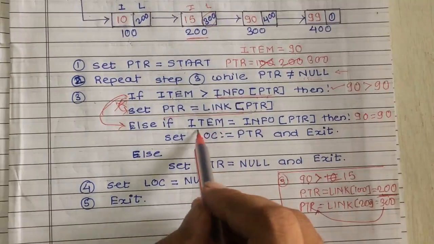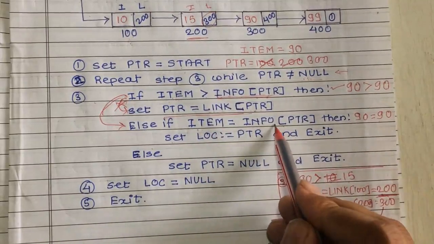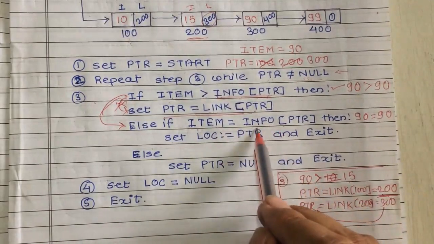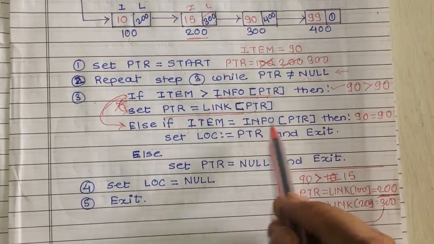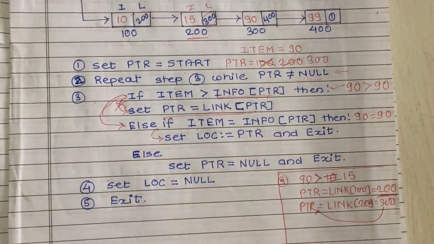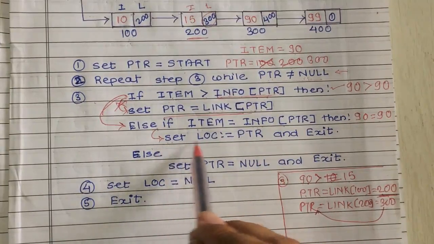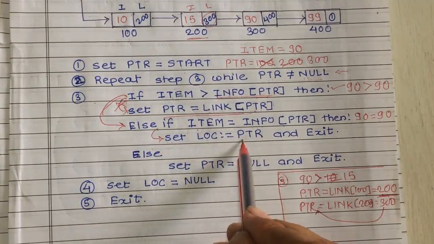So in this case, item is equal to 90 and info of PTR is also equal to 90. Both are the same. The condition is true. So as the condition is true, control will come inside this if part. Here what we have done is simply set LOC equal to PTR.